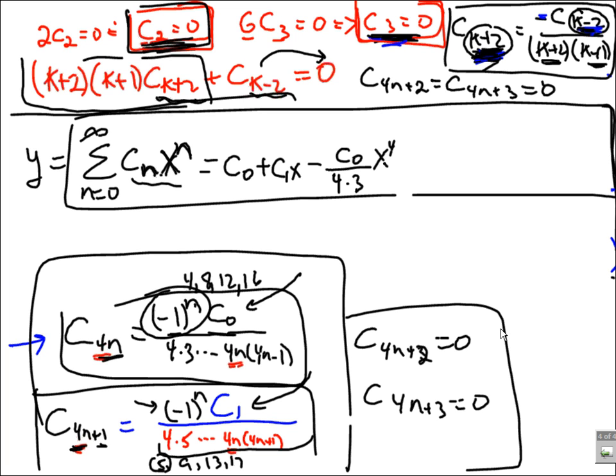Negative 1 to the 1 is negative 1, times C1 over 4 times 5. That's going to be x to the 5. And let's write down some more.